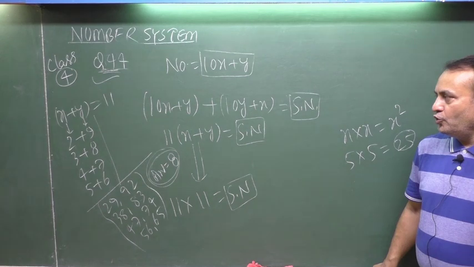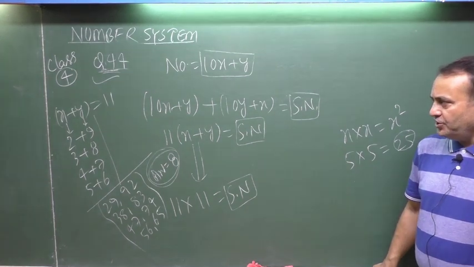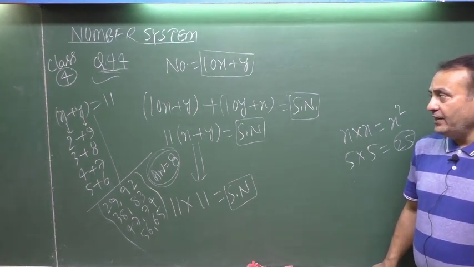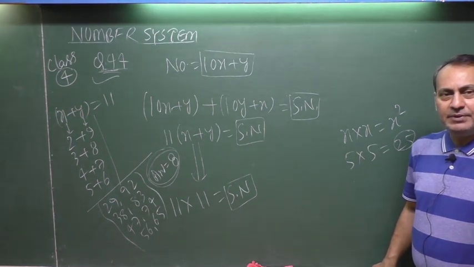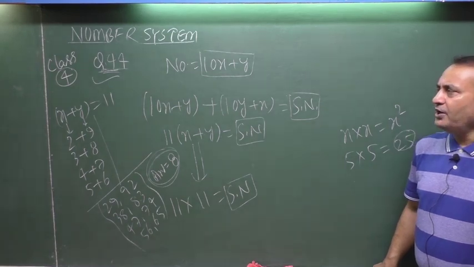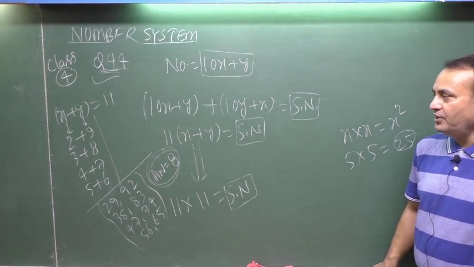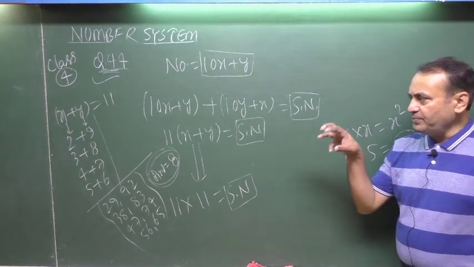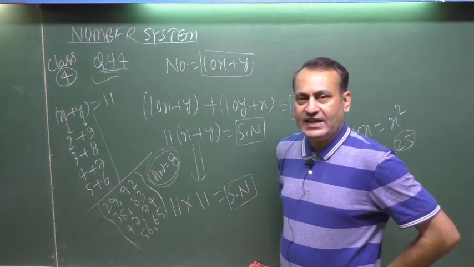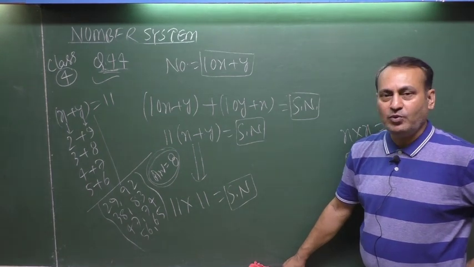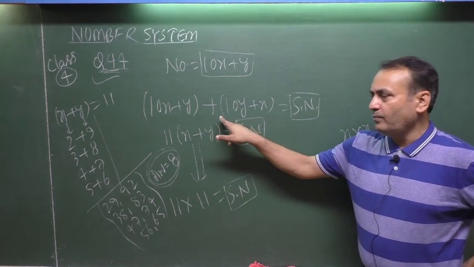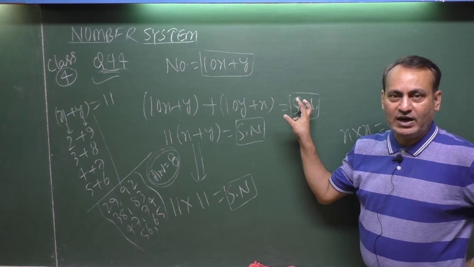The question told you that a 2-digit number added to another 2-digit number got by interchanging its digits must be a perfect square number. How many such numbers will there be in the number system? You accepted a 2-digit number as 10x plus y, and after interchanging digits you got 10y plus x. You added both numbers, and that must equal a square number.